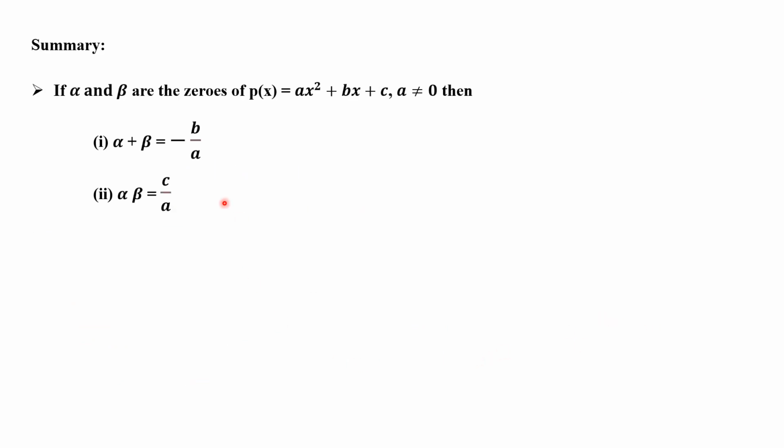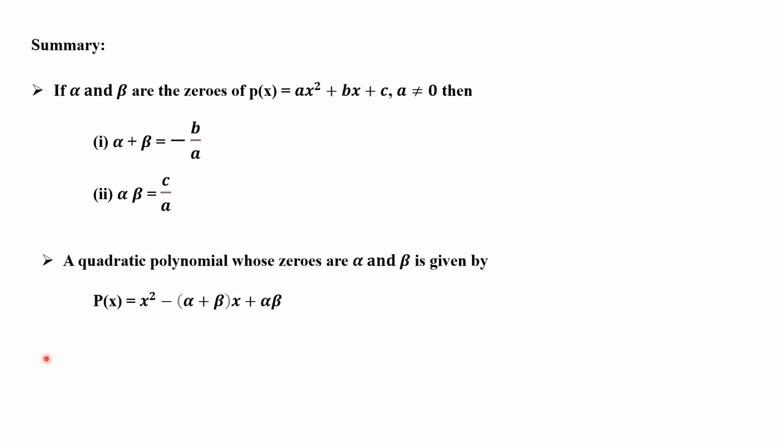So now I have given the summary here. If alpha and beta are the zeros of the quadratic polynomial, then the sum of the roots will be equal to minus b by a, where b is the coefficient of x and a is the coefficient of x square, and the product of the zeros will be c by a, where c is the constant term and a is the coefficient of x square.